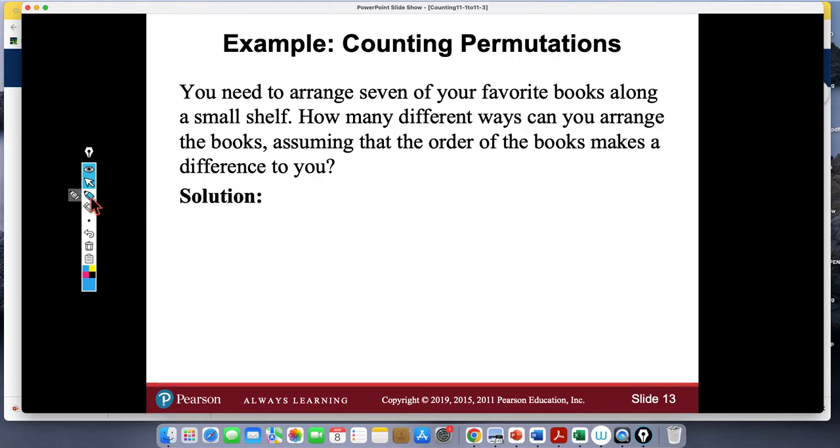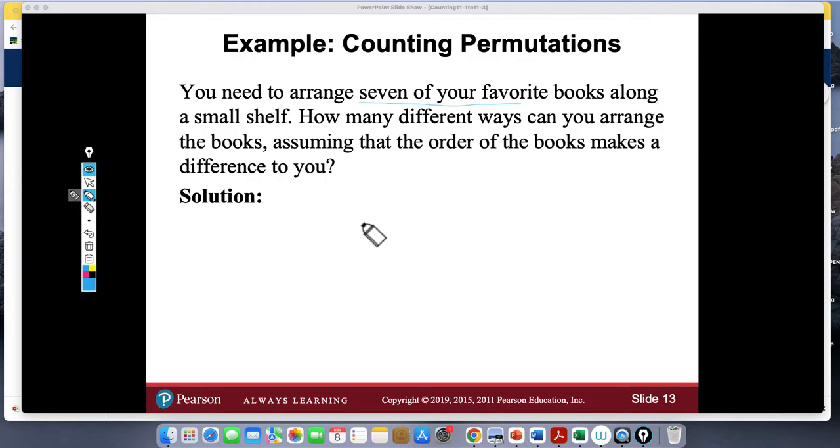So here we are with a book example. We need to arrange 7 of our favorite books on a small shelf. How many different ways can you arrange the books, assuming that the order of the books makes a difference to you? And again, in a library especially, if a book is out of order, you might never be able to find it, right? If there's a lot of books and somebody put it back in the wrong place, you won't know where to find it.